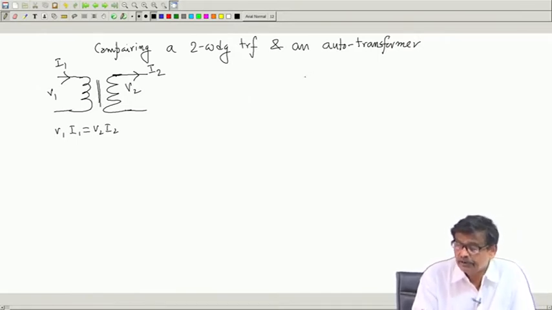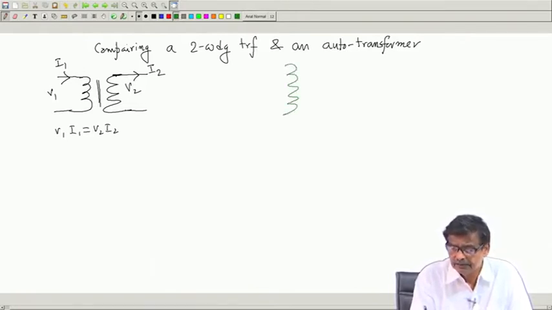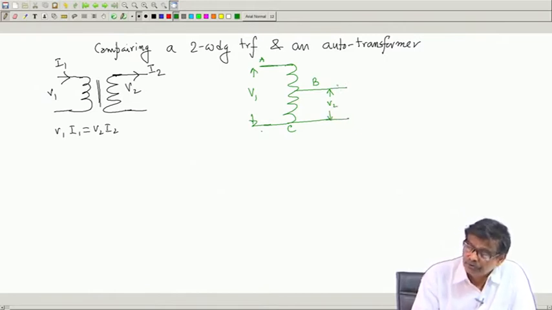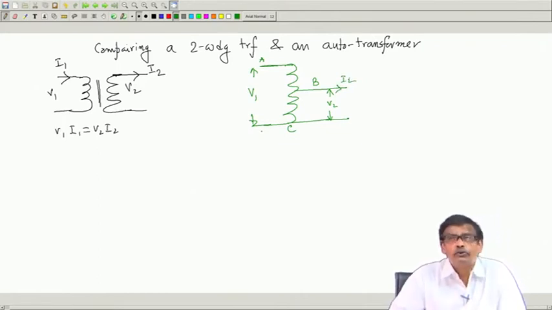Now, the same thing I want to do with an auto transformer. So I will draw the auto transformer like this. Suppose it is a step down case. So V1 you apply and you take a tapping here, and this terminal is A, this terminal is C and this terminal is B. So V1 I will apply, I should get V2 here, and your load should get the same current I2. Got the point? Flux in the core should be the same.